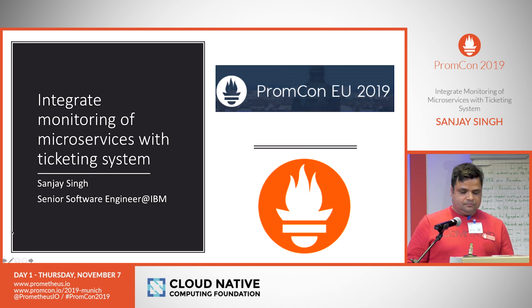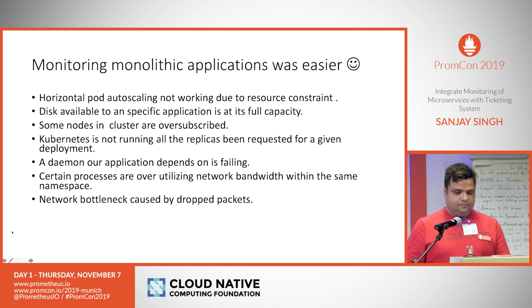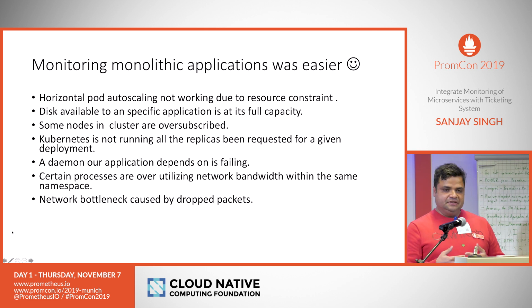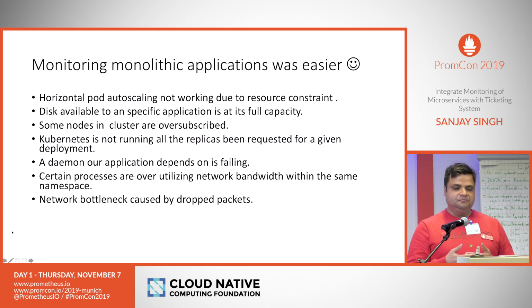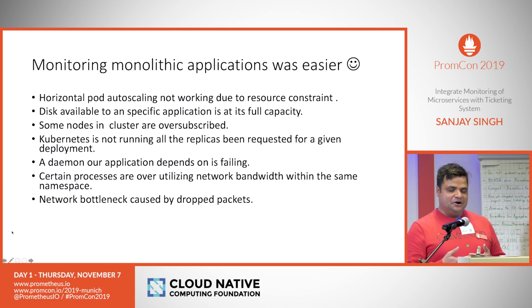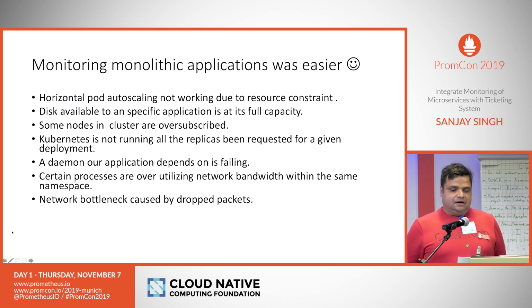After all the applications were developed, all the monolithic applications got converted to microservices. The challenge that we faced in monitoring those microservices was this: when we delivered it to the operations team in the staging environment, they told us that monitoring monolithic applications was easier, because we now have new dimensions with microservices.